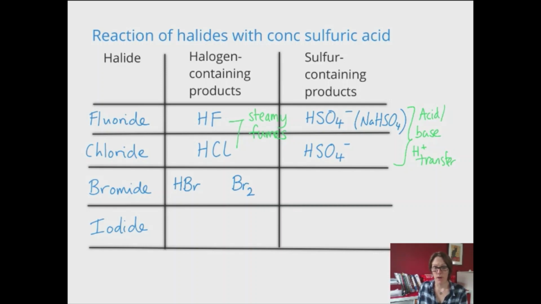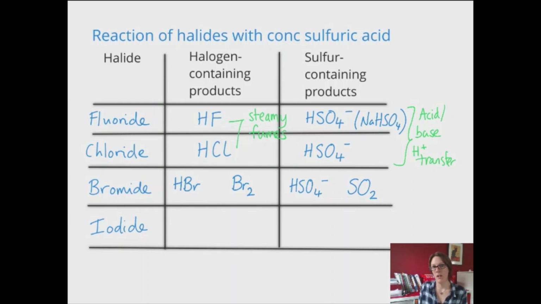In hydrogen bromide, the bromine is still -1, as it was in sodium bromide, potassium bromide, whatever solid halide we started with. But with bromine, it's now in oxidation state 0. So that means something else must have happened to the sulfur. I have made the hydrogen sulfate ion, but in this case, you would also make sulfur dioxide.